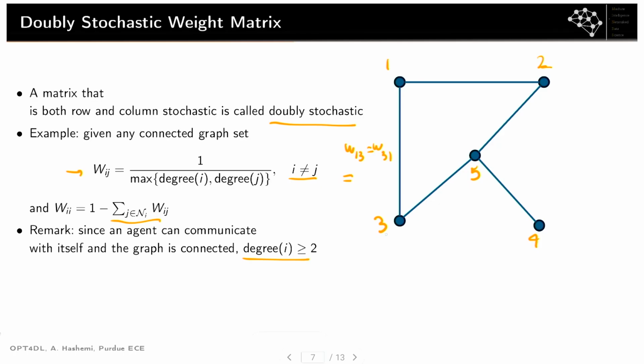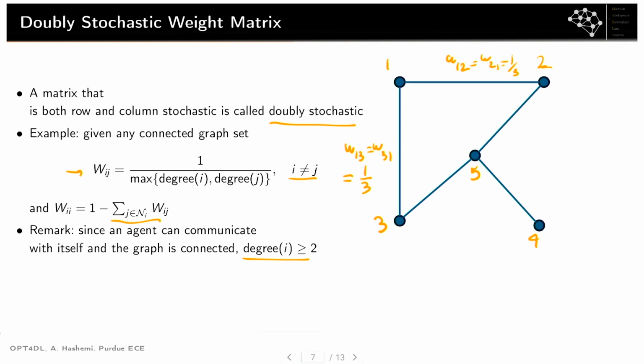Similarly, the degree of node 3 is also 3 because it is connected to node 1 and node 5, but also to itself. So for both, the degree is 3, and this value will be 1 over 3. Similarly, W12 equal to W21 is again 1 over 3, because both have a degree equal to 3.